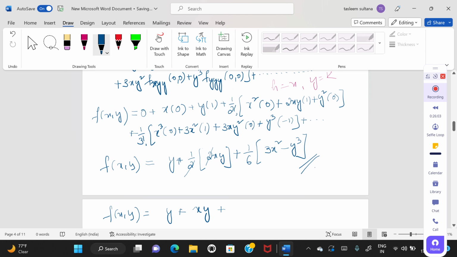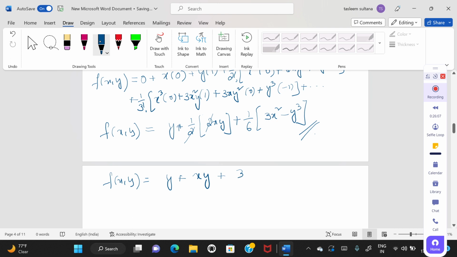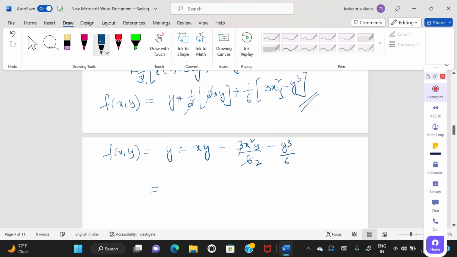X square y. 3x square y by 6 minus y cube by 6. It's equal to y plus xy, then plus x square y by 6 minus y cube by 6, then plus so on.